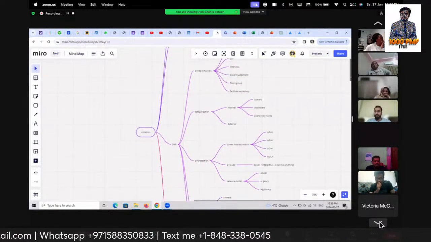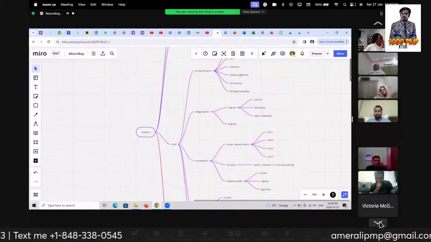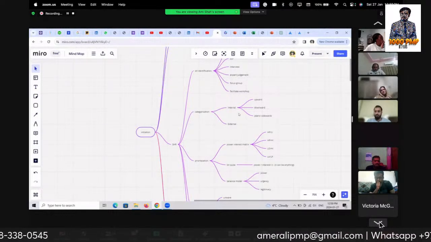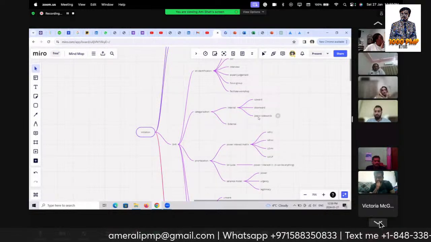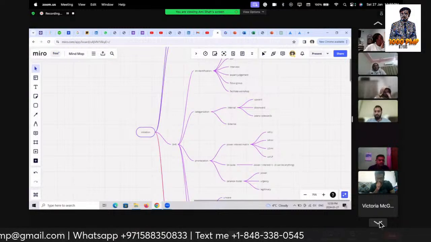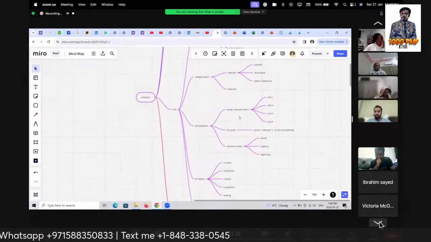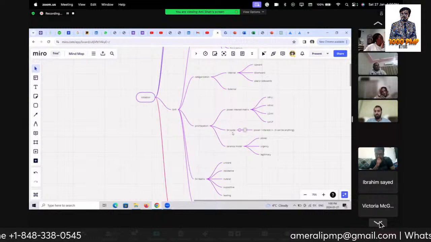Then once we have the key stakeholders, we do categorization. There we can go for upward, downward, sideward, and all. Then we do the prioritization based on the power interest matrix, stakeholder cube, as well as the salience model.